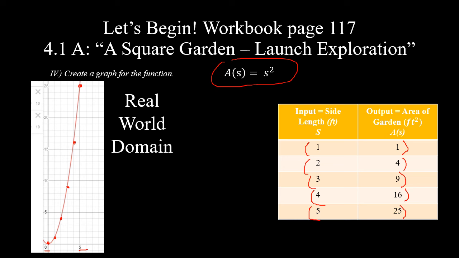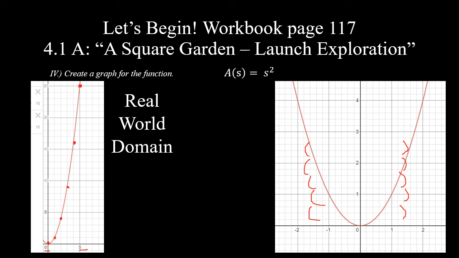But if we want to really think about a quadratic function as a whole, I do want to show you what it looks like when we look at what I'm going to call the mathematical domain of this function. So we're going to look at A of s equals s squared for all inputs. And this is what it looks like. We get this lovely U-shaped graph.